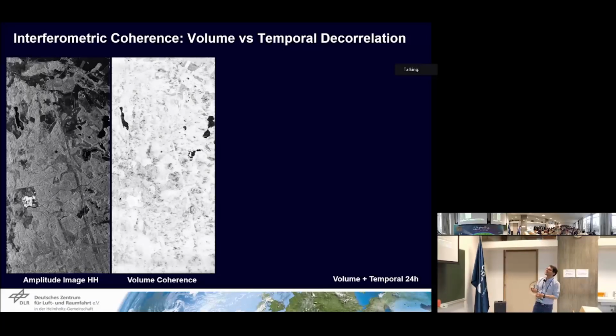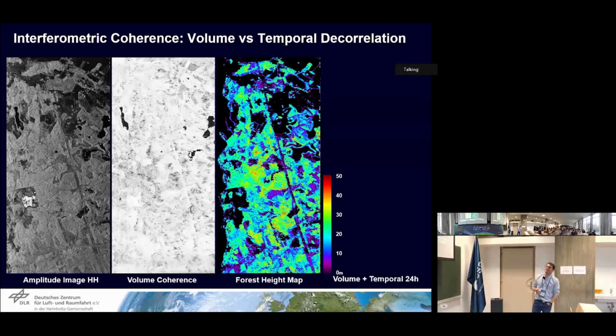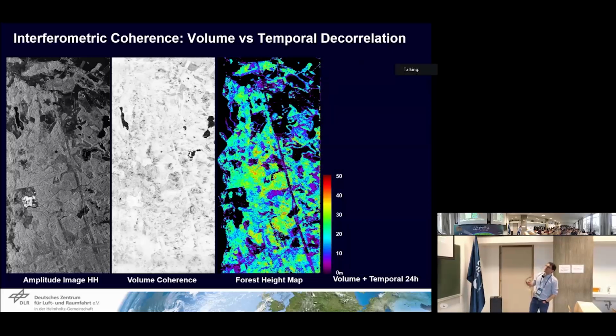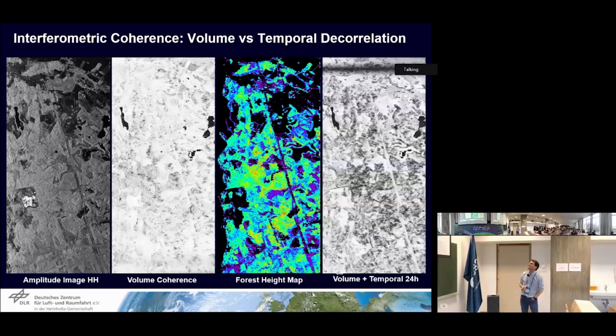So basically here I think it says 24 hours. You can get a forest height map. In 24 hours you don't have a strong change. You make a height map, and this height map is reasonable. You can validate it and you will find that this is consistent with, for instance, LiDAR measurements. So at P-band, 24 hours is not bad.